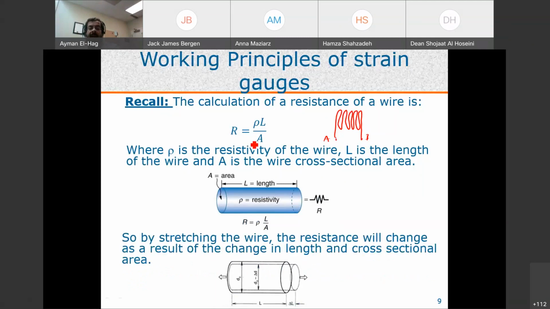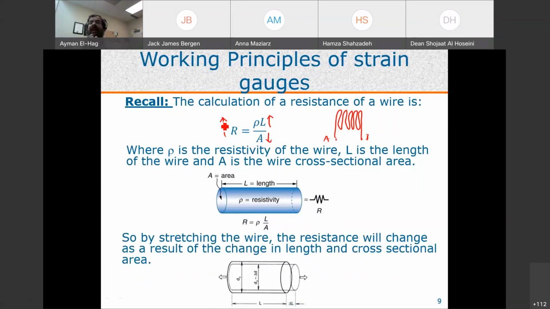Now, if we stretch the wire, what will happen? Two things will happen. Your L will increase and your A will decrease. So both of these together will result in an increase in the resistance. So let's go back to the first week when we talked about a sensor. What is a sensor?